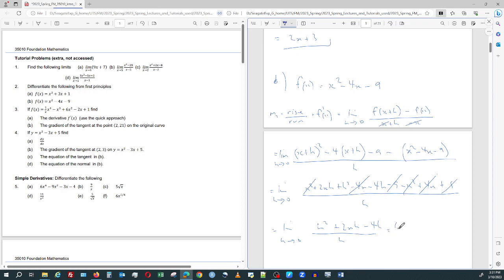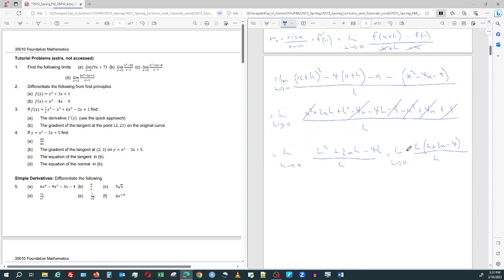So we'll take everything's across a plus minus. We'll take an h out as a common factor. We'll do that with 2x minus 4 over h. Now that will cancel.